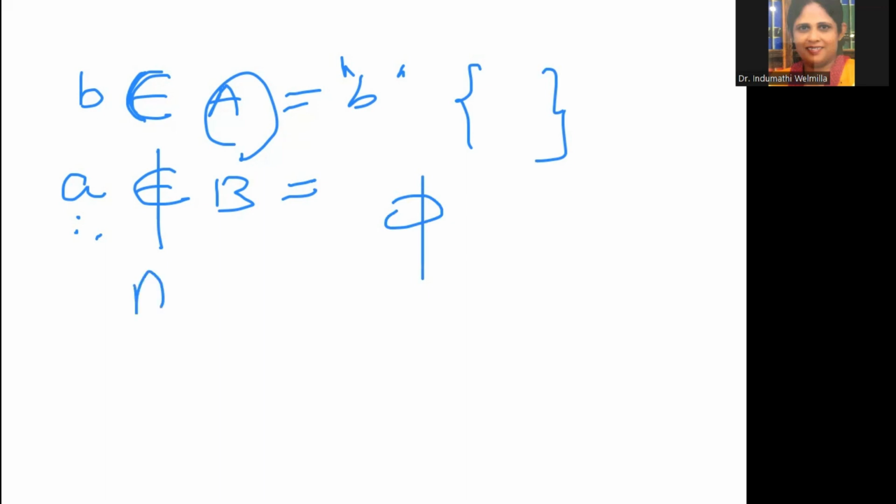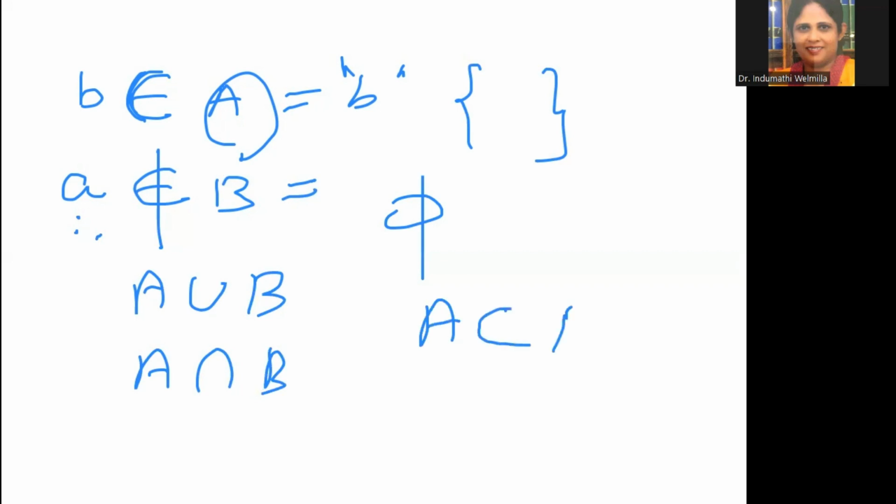And we discussed this one more times: A union B, set A union set B, and set A intersection set B, and set A is a subset of set B, and set B is the superset of set A.